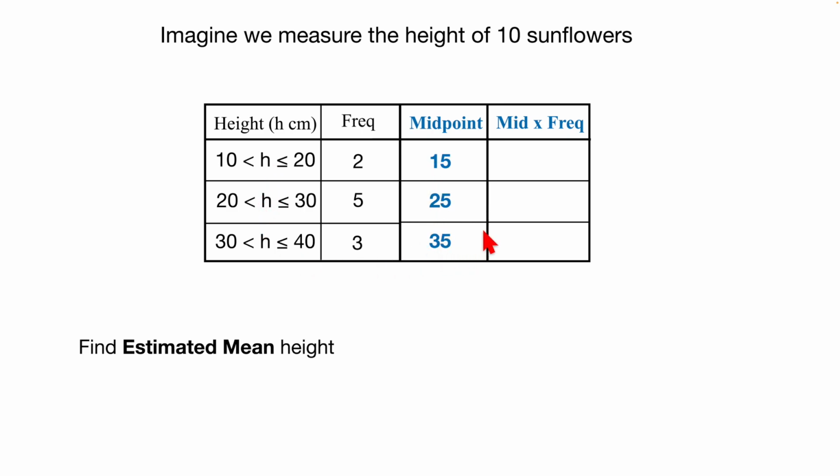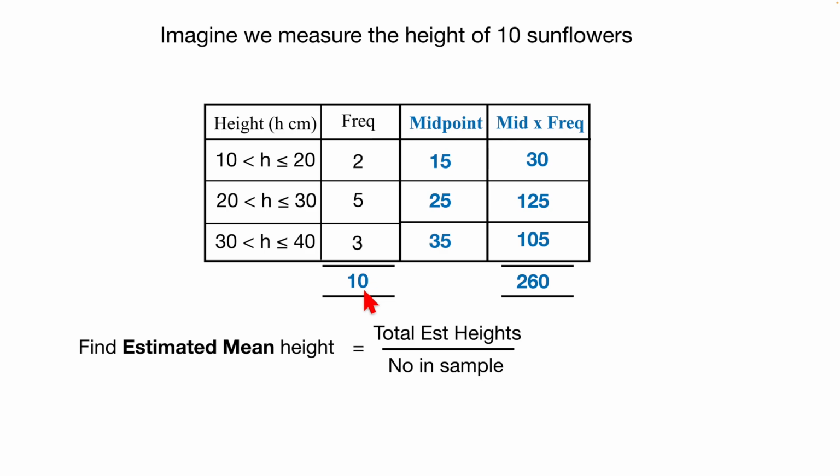Right, I would expect that. Midpoint times frequency, 30, 125, 105. These are estimates of the total height contributed by these rows. And we add them to get an estimate of the total heights. And we add this to find how many are in our sample. And then we divide 260 by 10 equals 26.